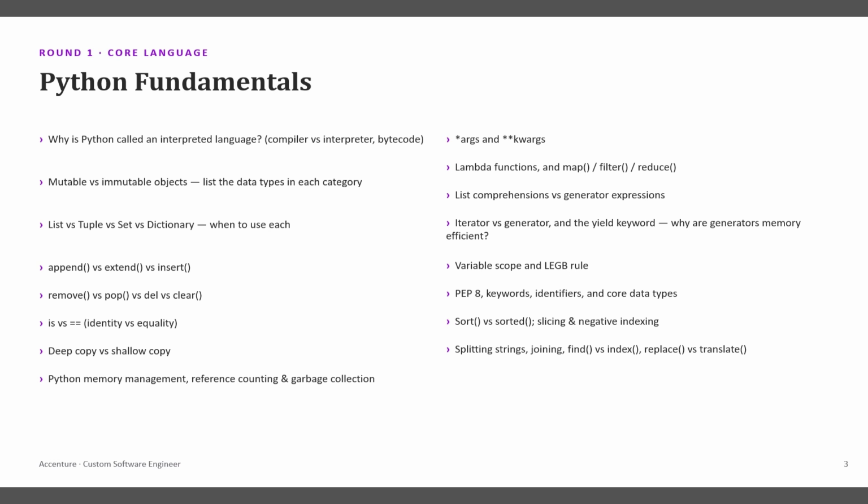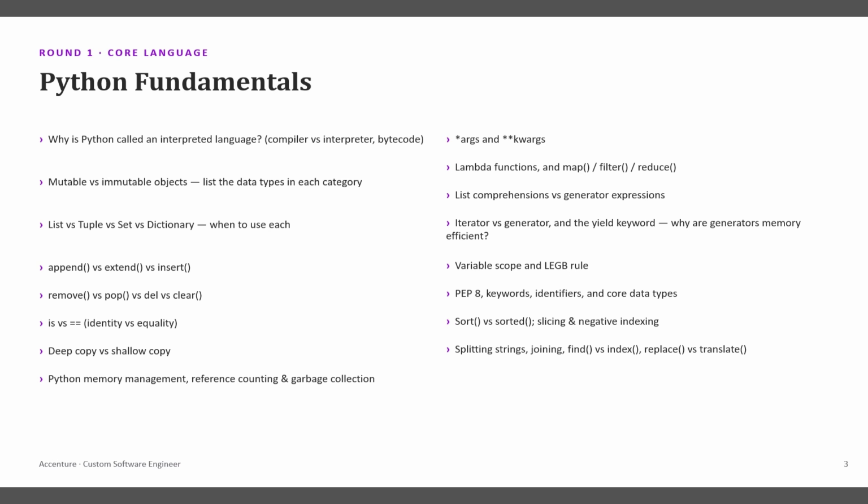A very common trick question is "is" versus "==", identity comparison versus value comparison. Always give an example with two lists that have the same values but different memory addresses. Then, deep copy versus shallow copy, and how Python handles memory management, reference counting, and garbage collection. This is a favorite for testing depth.